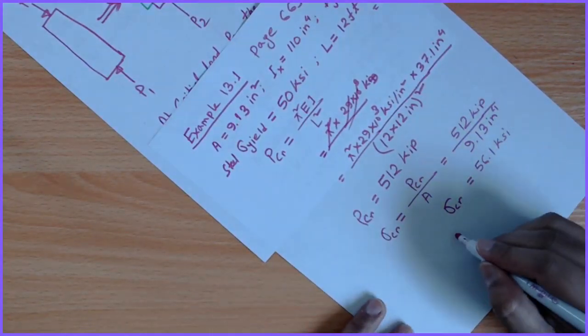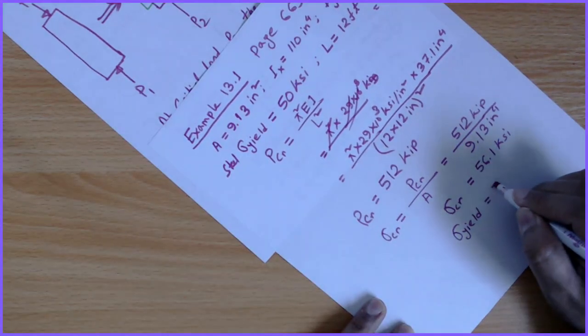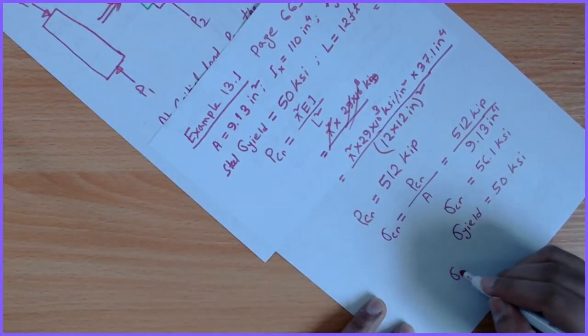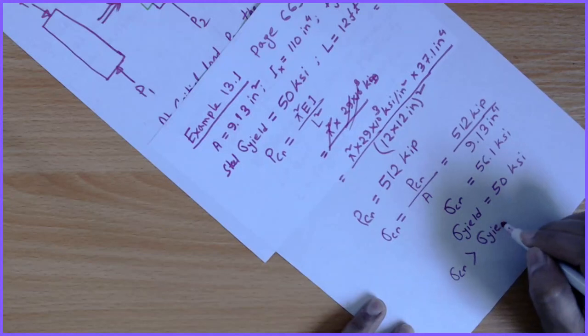Remember, I mentioned sigma yield is 50 ksi. So your critical stress is greater than your sigma yield.